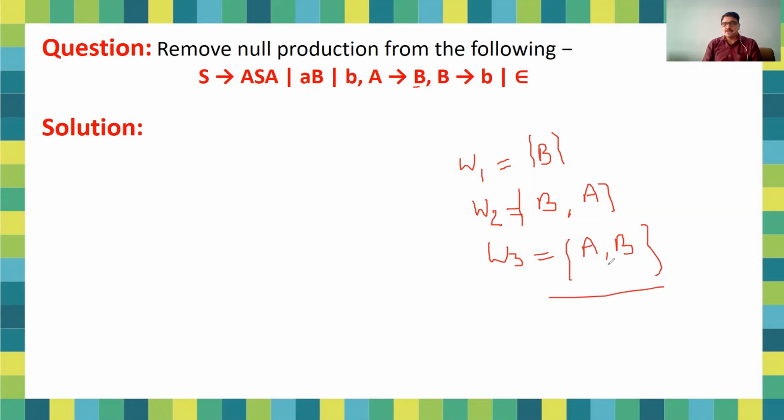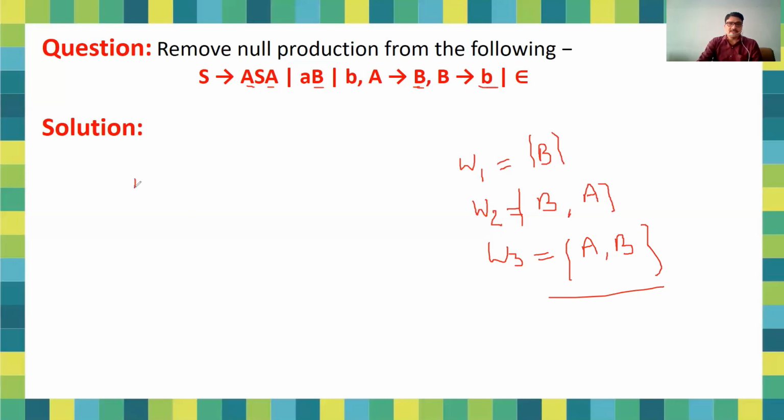Now the next point is to construct the production rules for this grammar. So just write all the productions that are free from these nullable variables on the right hand side, right? So here you can find a nullable variable, here a nullable variable, and here again a nullable variable, this one is free from that, right?